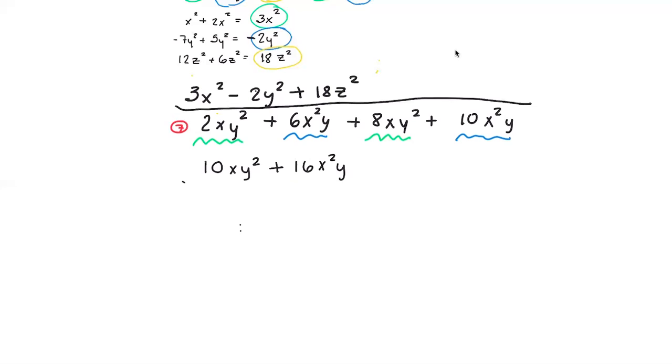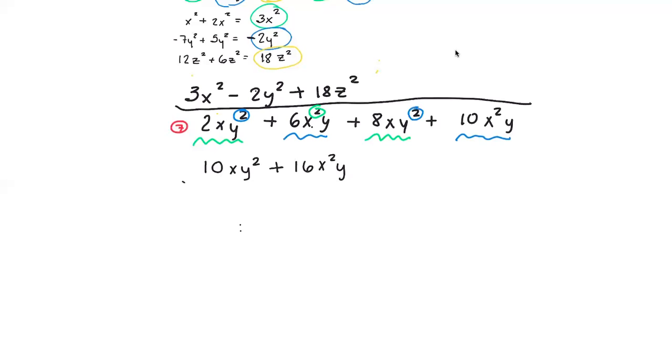Teacher, I didn't understand that part. Okay, my terms are not similar. One of them is xy to the second, and the other one is 6x to the second y. So if you see, in some cases, the second power is over the y, and in other cases, the second power is over the x. So that's why they seem to be the same, but they are not.